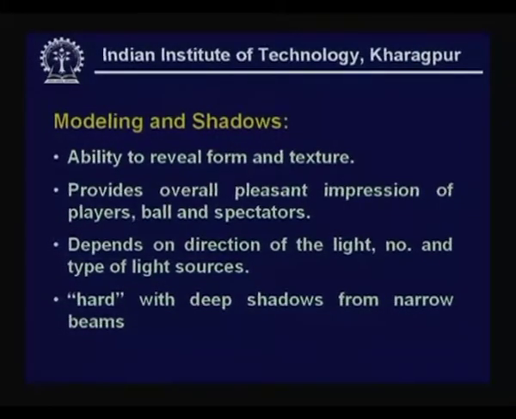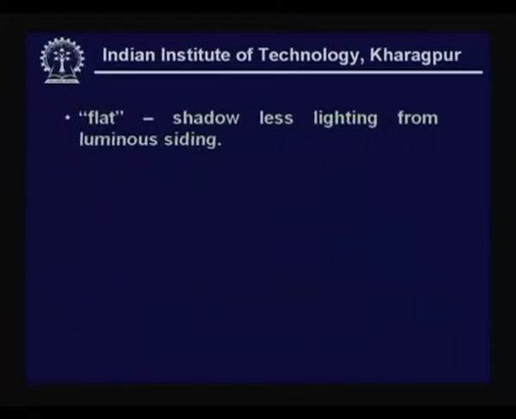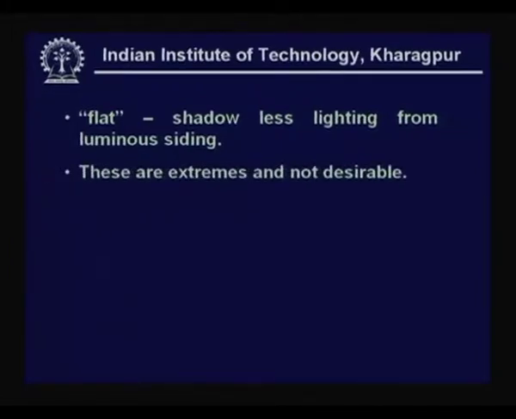Hard, deep shadows are formed from narrow beams, whereas flat shadows with less lighting come from a large luminous side lighting. These are the two extreme forms of shadow formation.